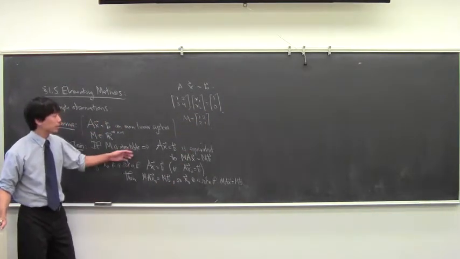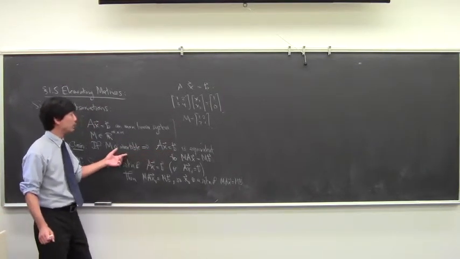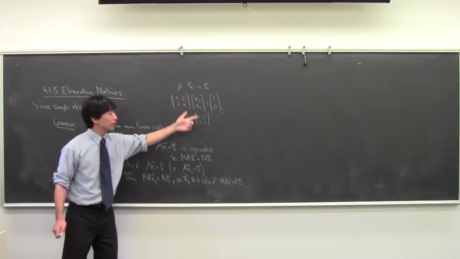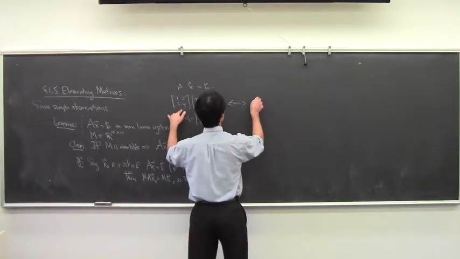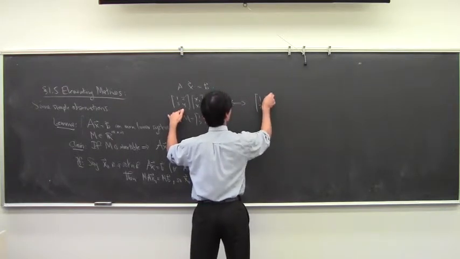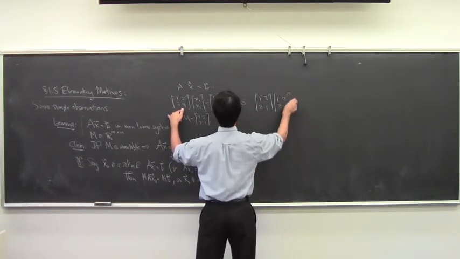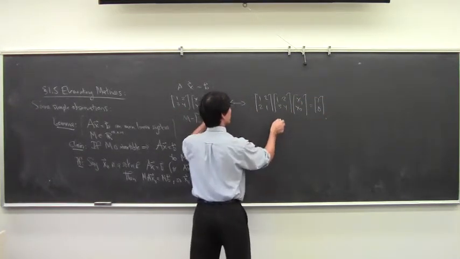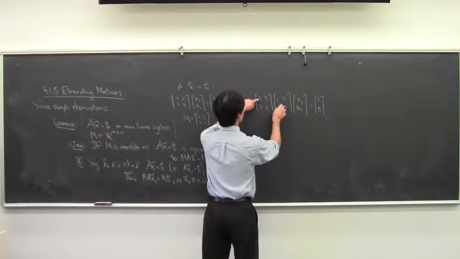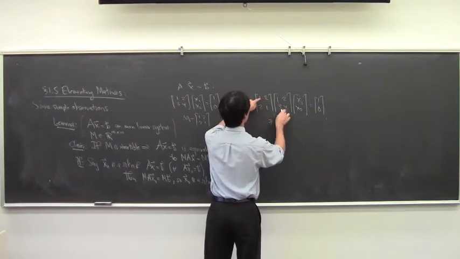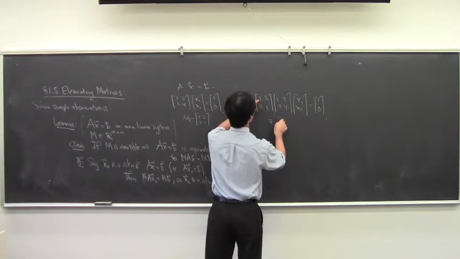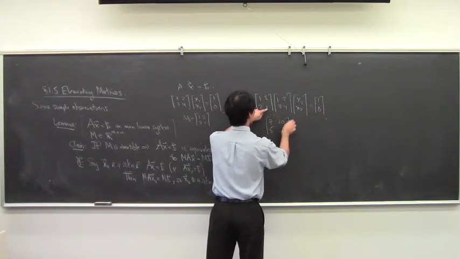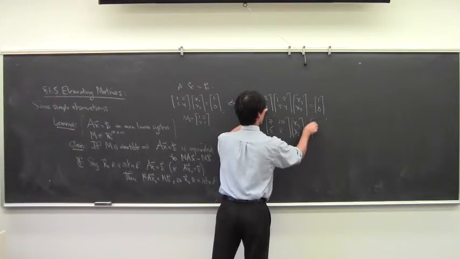And what we're saying is that if M is invertible, and this M is invertible, then this system is equivalent to this system. If you want to work it out, this is 7, 8, 10, 2, 3, 5, 4, 4, 8.